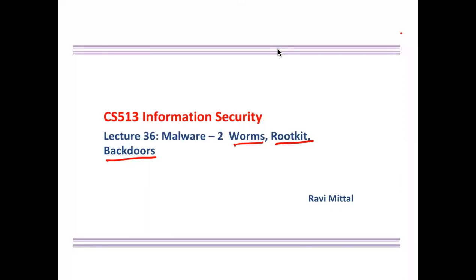Note that the types of malware can be as many as 100 plus, right? And malware is also evolving, so it's not possible to cover all, not even at the definition level. So we'll cover only a few of these because we have very limited time left. If you are interested, you can read about it in any book.